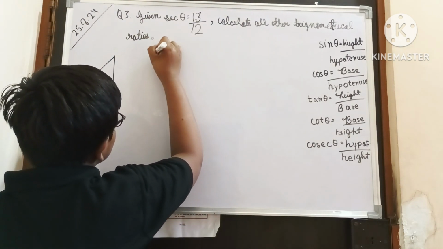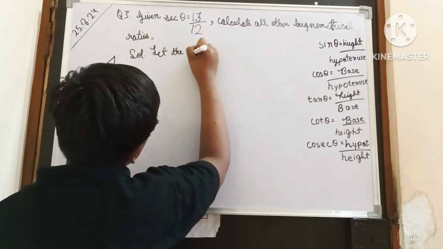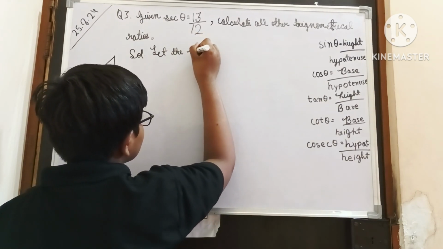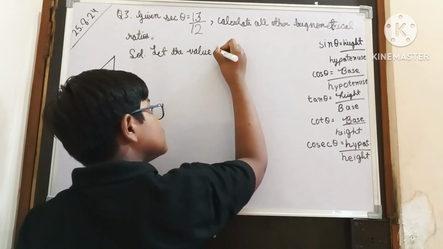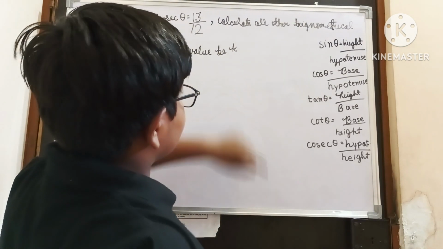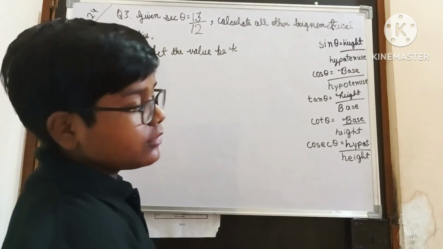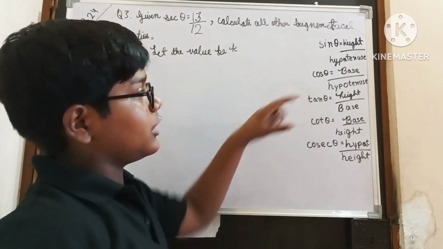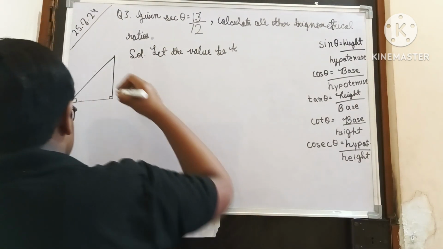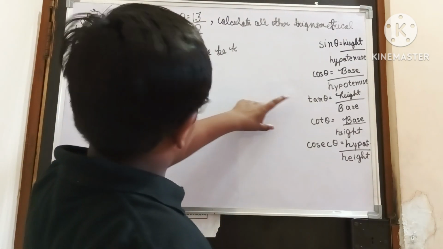So we have taken our value as k. So sec theta has the formula, which is the reciprocal of cos theta, which is hypotenuse divided by base. So our hypotenuse is 13k and our base is 12k.